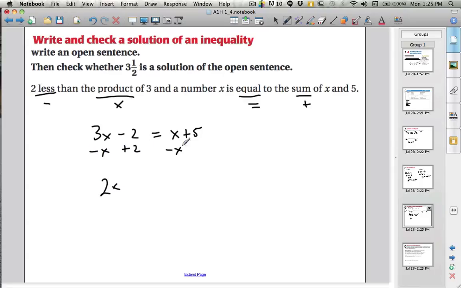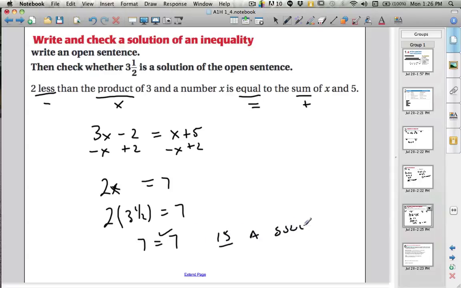I'll add 2 to either side. 2 times x is equal to 7. So then check whether 3½ is a solution. 2 times 3 1/2 is equal to 7. Is 7 equal to 7? Yes, it is a solution.